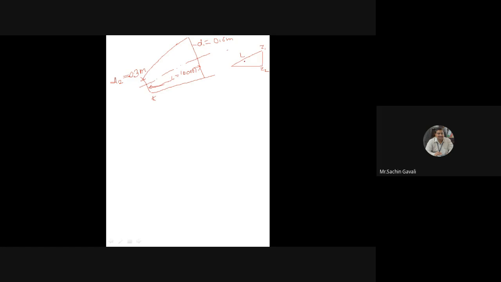This we have to calculate, and for this dy by dx is equal to slope is equal to 1:30. So dy by dx, or tan theta, slope is always given by tan theta, is equal to 1/30.